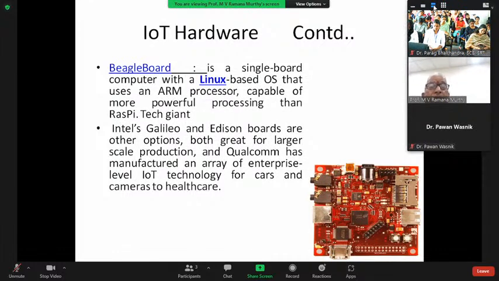The BeagleBoard functions on a Linux operating system that uses advanced ARM processors capable of more powerful processing than Raspberry Pi. Intel Galileo and Edison boards are also other options. You can use them, and both are great for larger scale production, and Qualcomm has manufactured an array of enterprise level IoT technology for vehicles like cars and cameras to healthcare.